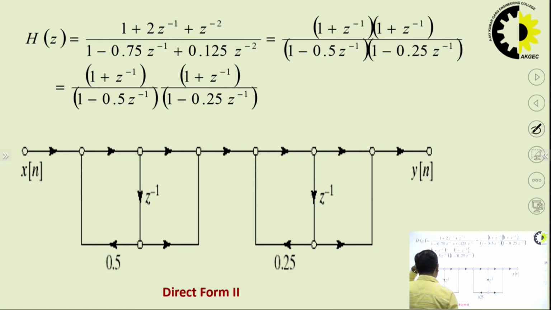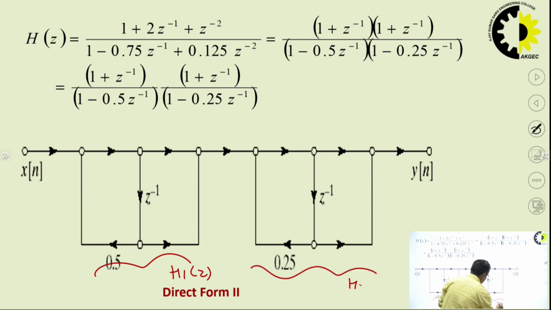Similarly, you can realize using direct form 2 here. In direct form 2, again the factorization will be the same, only your realization is using direct form 2. So, in direct form 2, this is our H1Z, this is our H2Z, and we can realize the digital IIR filter using direct form 2.